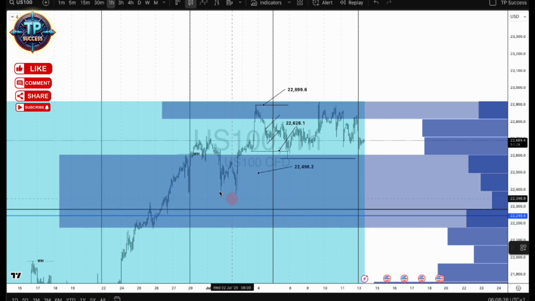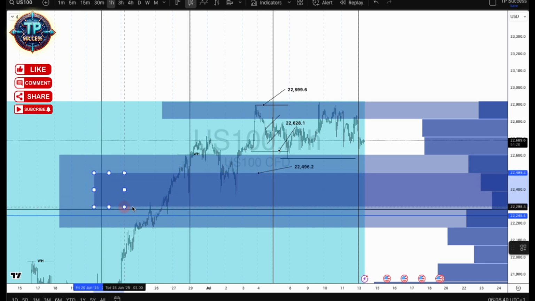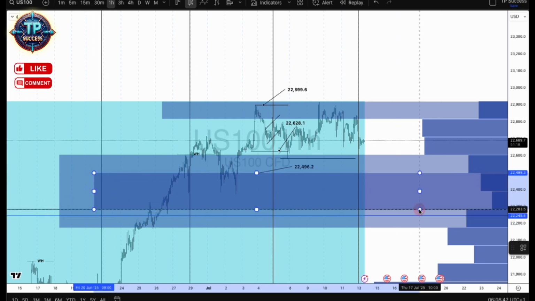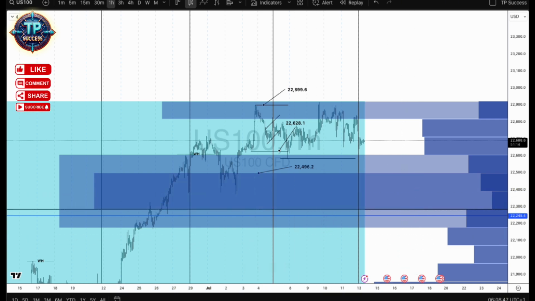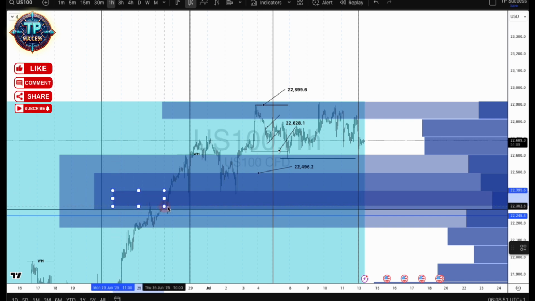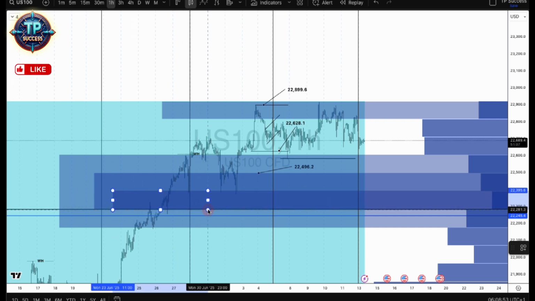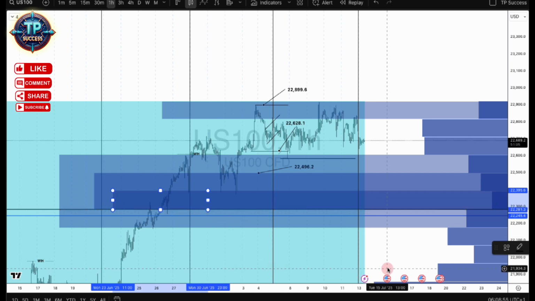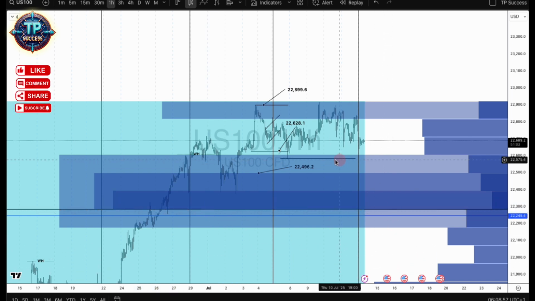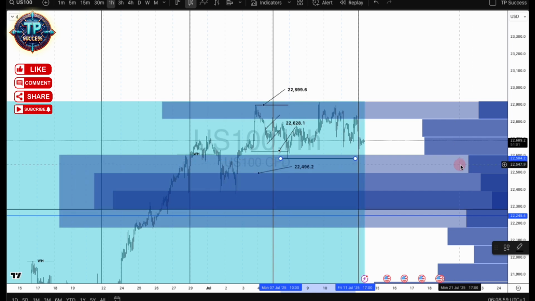And then what I'm going to do is put another layer in between so we can see which one is the strongest inside of this low volume node. And plus, I think it actually looks cooler like this when I do it in this way. So this weekly low over here is inside of a low volume node.